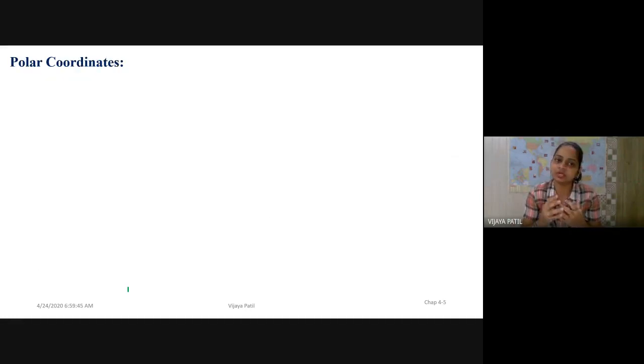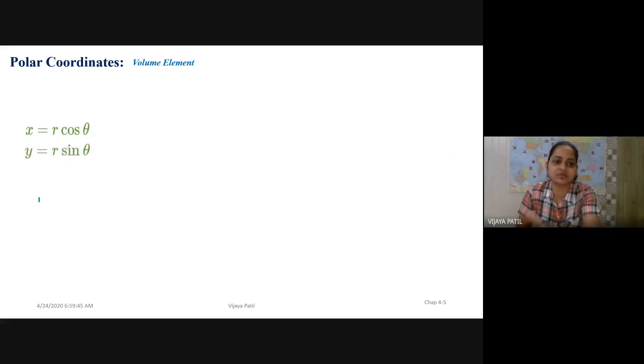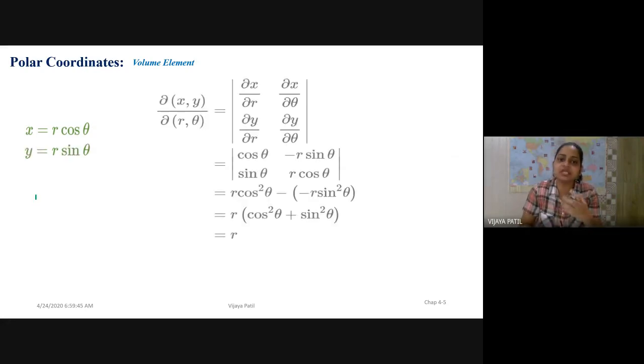Okay, now whenever we are talking about the polar coordinates and integration and all, we have to find out the volume element of this. So the volume element of polar coordinates: first of all, we know that x equals r cos theta, y equals r sin theta. Then we need to go for the Jacobian. This Jacobian is dou x comma y upon dou r comma theta, which is dou x upon dou r.